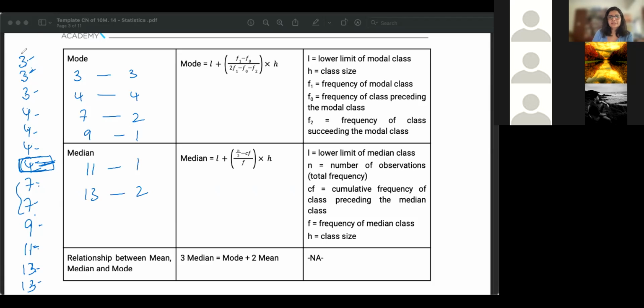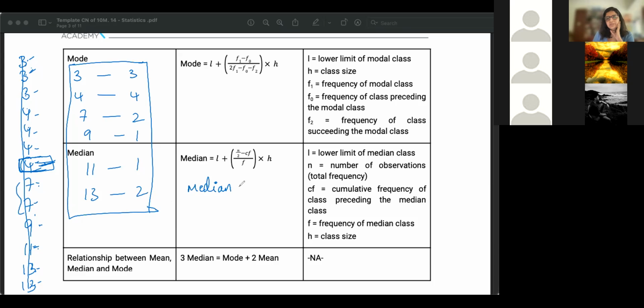Abhi, if I didn't give you this, and if I asked you to find median from this table, how will you find it? What will be the median value in this scenario? So remember in 9th standard, you learned a formula.